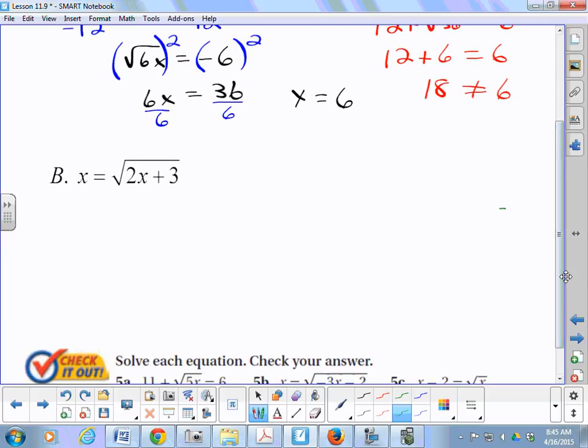Okay, we got another one here. B: x equals the square root of 2x plus 3. Not the same situation, but still we're going to see where there's an extraneous solution to this problem. I have one radical. It is isolated. It's by itself. So now we need to square both sides.